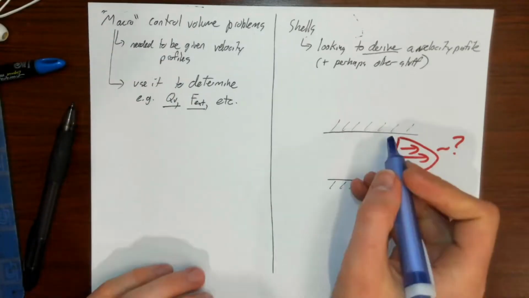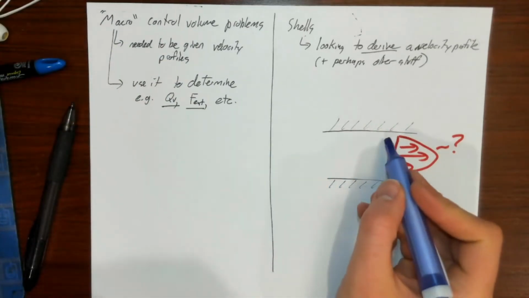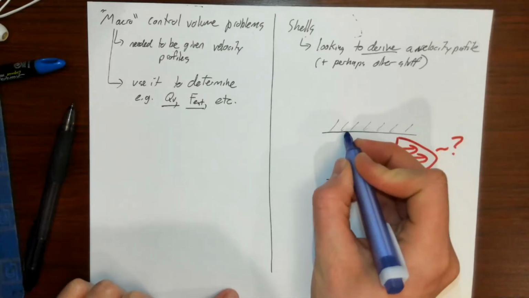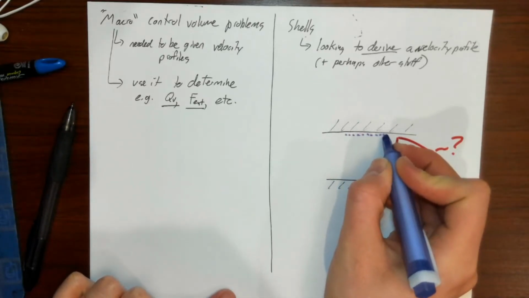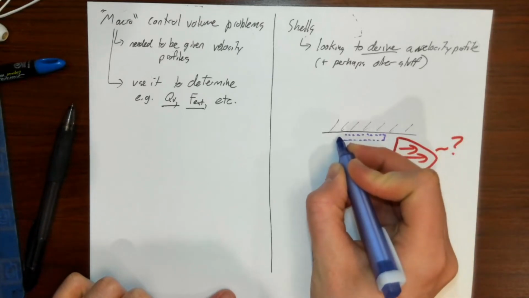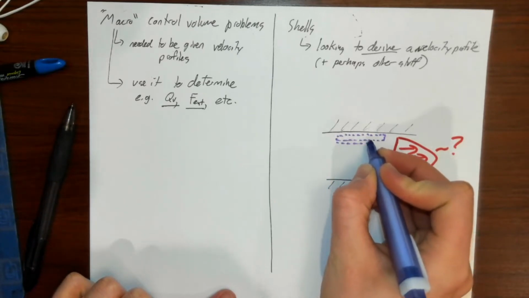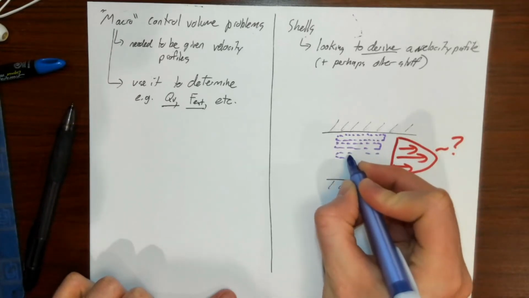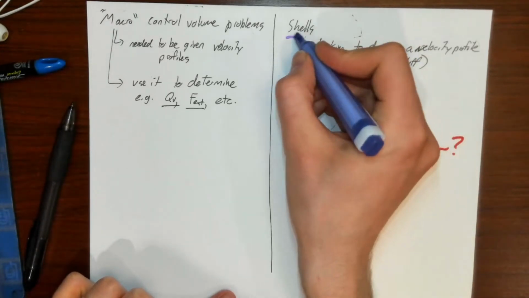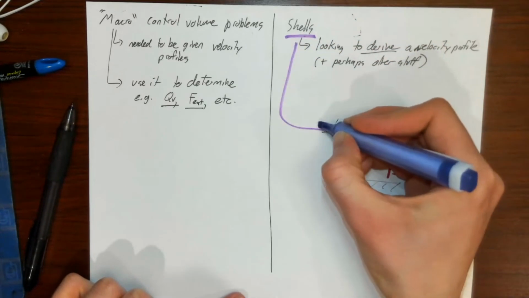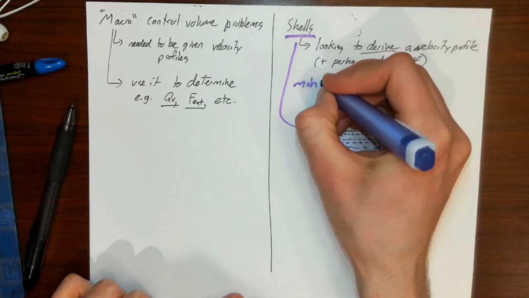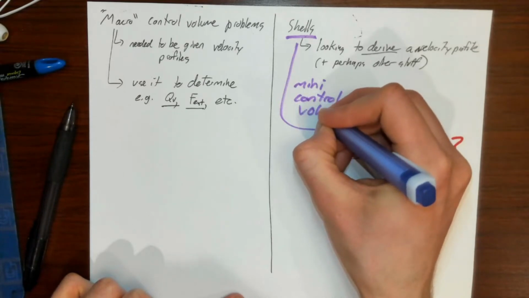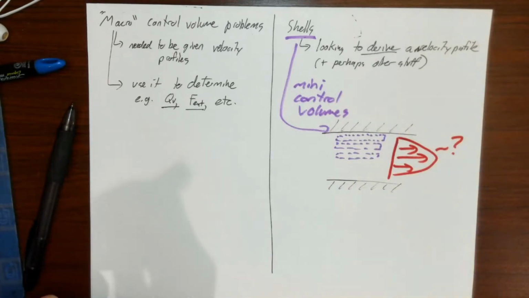I break up my system, and rather than defining a control volume that goes around the entire system, for shells what I do is I slice up my system into a bunch of mini control volumes. So these shells are basically these mini control volumes.